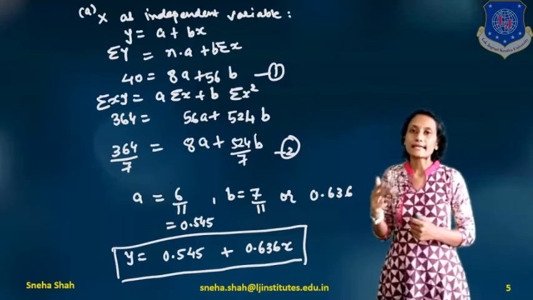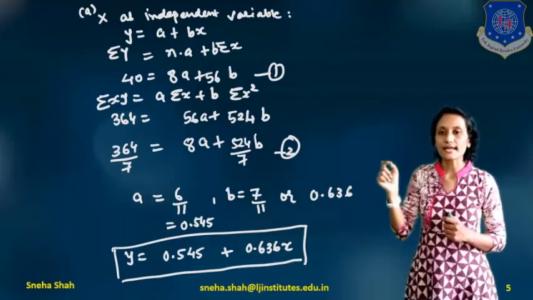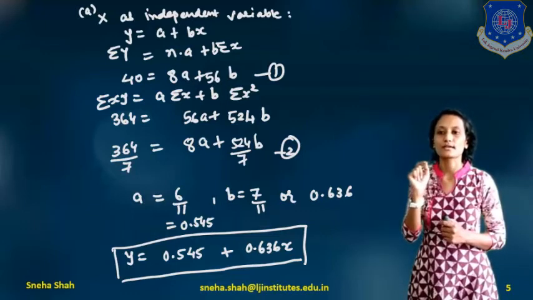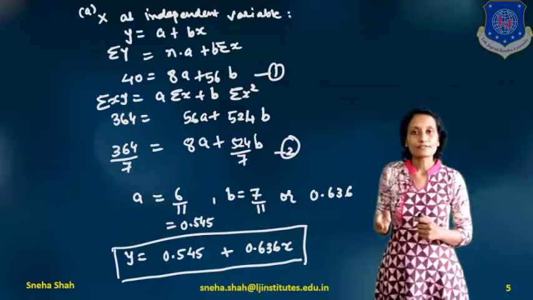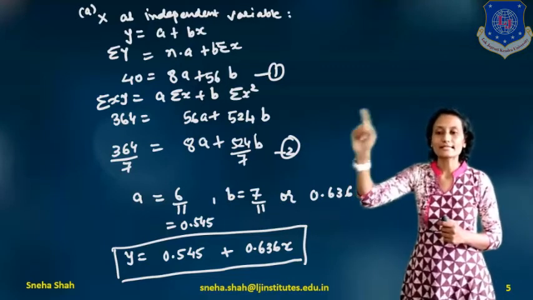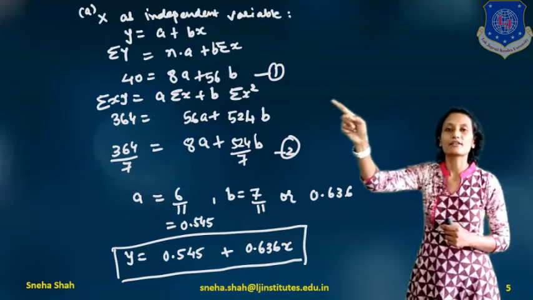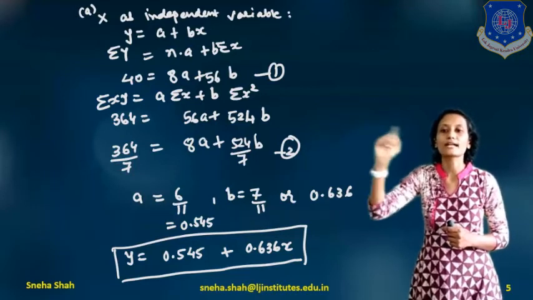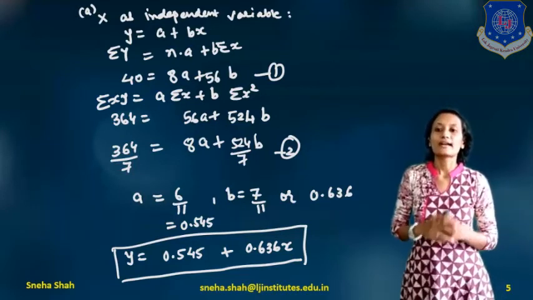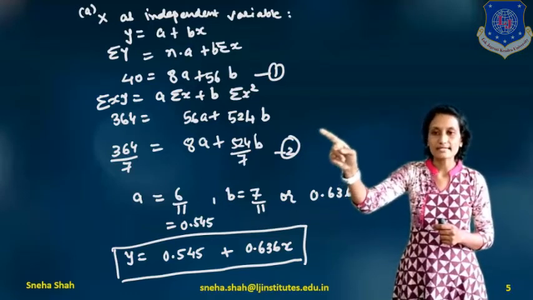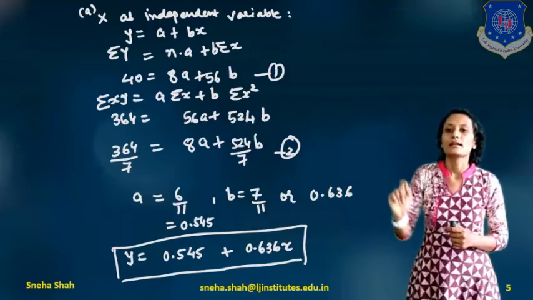Now we are using the second normal equation as summation xy equals a summation x plus b summation x square. What is the value of summation xy? Its value is 364. Similarly, summation x equals 56 and summation x square equals 524. So the final equation is 364 equals 56a plus 524b.